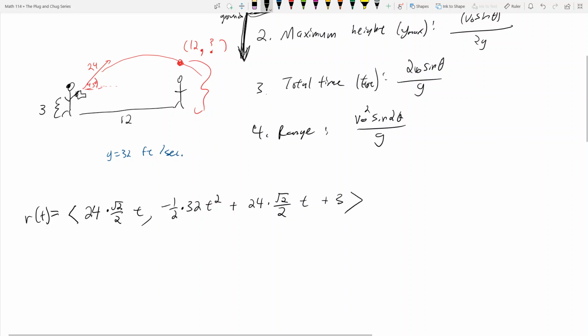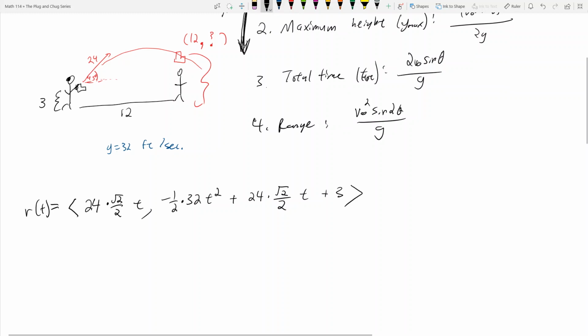And what do I want to know? Well, I'm essentially trying to find the position of the shoe when the x-coordinate is 12. How can I do that? I probably want to find what t is going to be in order to get x equals 12.